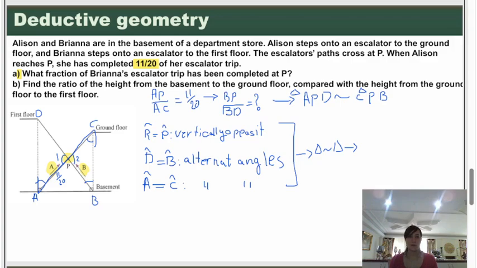What are the corresponding sides here? Let me show you. Here, AP is corresponding to PC. So I say AP over PC has the same ratio as DP over BP.